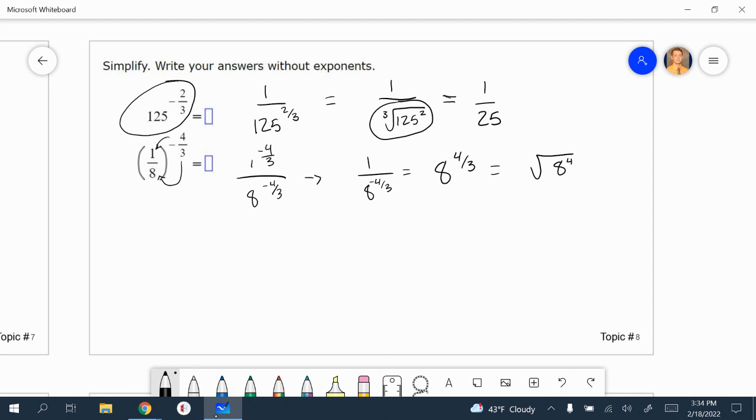The 4 would go here, the 3 would go there, and I'd need to use a calculator probably to figure that out. So let's do that. 8 to the 4th power is 4096. And then I'm going to take the cubed root of that.